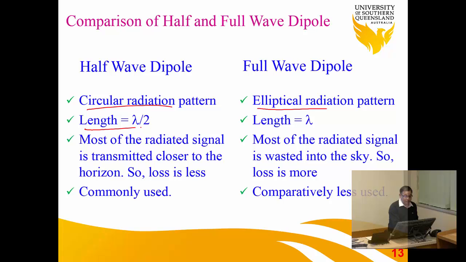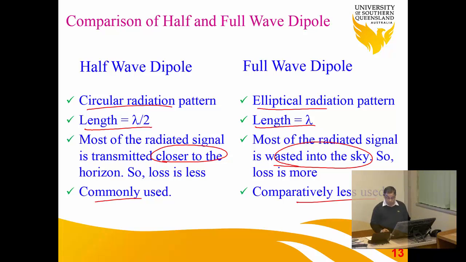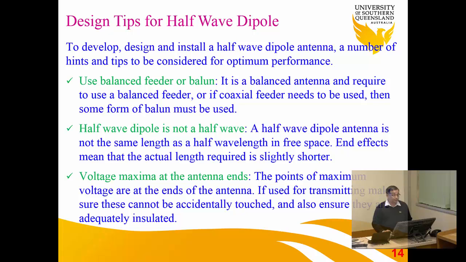Here half-wave length is lambda over 2, here length is lambda, and then for half-wave dipole, most of the radiated signal is transmitted closer to the horizon, so less losses, but a full-wave dipole antenna radiates signal wasted to the sky and loss is high. So far, the half-wave dipole antenna is commonly used and the full-wave dipole antenna comparatively less used.